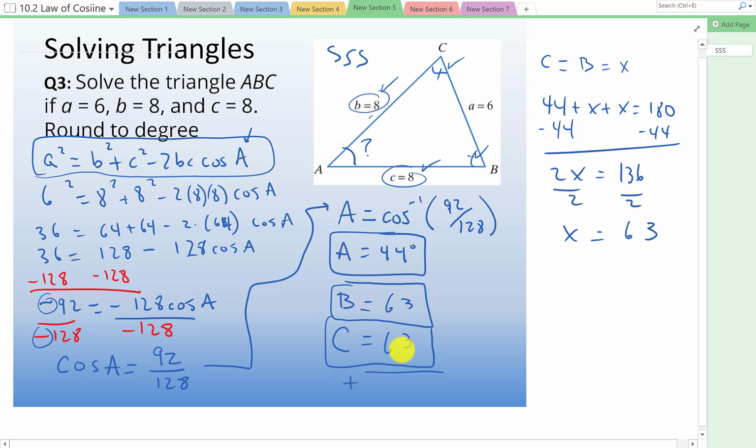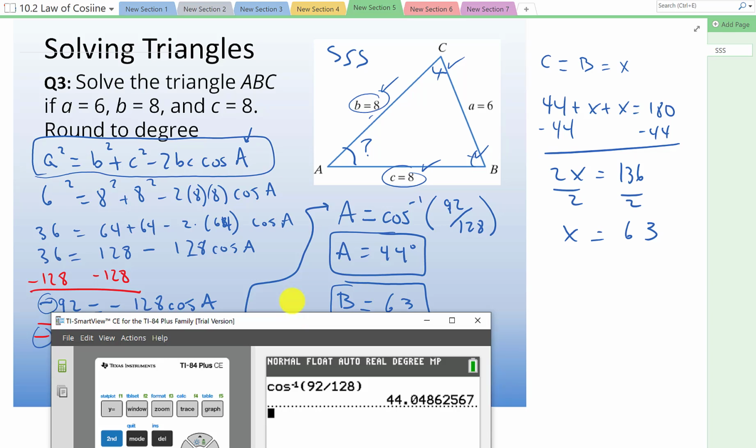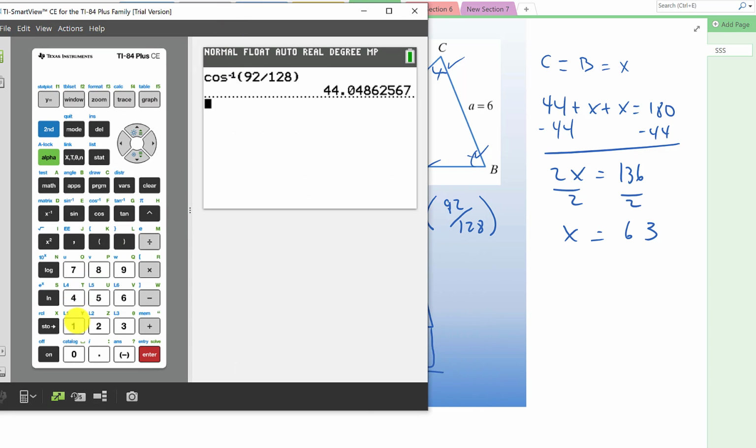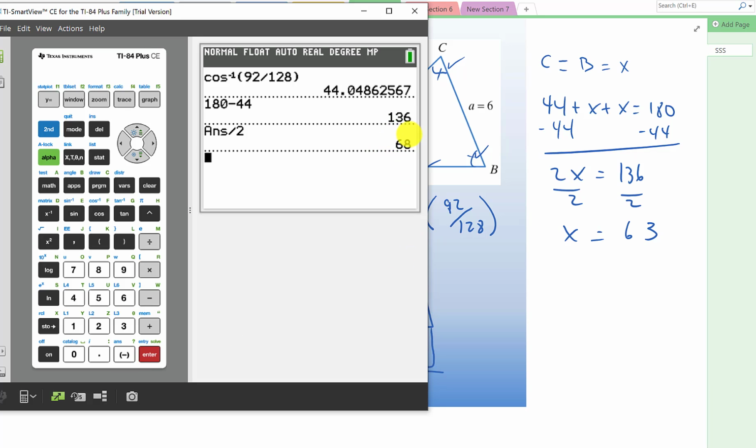Nope, it's not working out right. I did something wrong in my math here. 180 minus 44, that is 136. Divide by 2 is 68. Okay, so if I could just do math, I would be better off. So 68 is my solution.